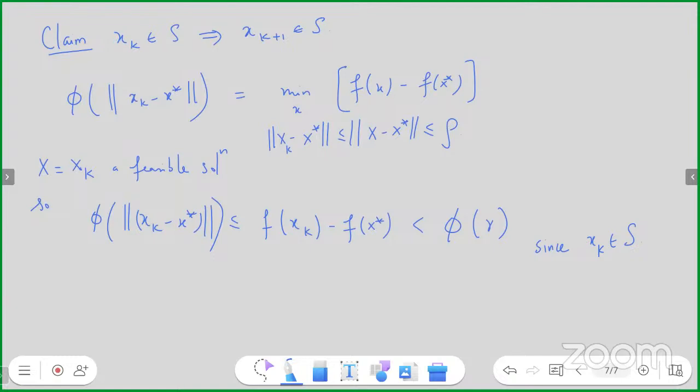So let's call this inequality 1. So the claim is that 1 implies that xk minus x star is less than r. Is there a simple answer to this?